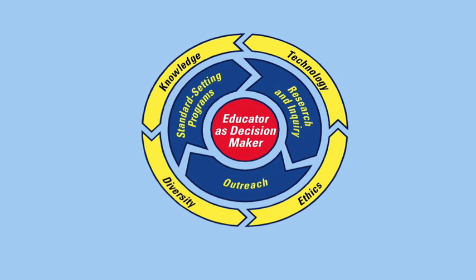All right, let's get to what this class is all about. First of all, we're going to be using educator as a decision maker, which is the theme for our college here at the University of Akron. This theme focuses on the knowledge you'll gain from this course concerning the laws and services that affect students with disabilities in school settings.